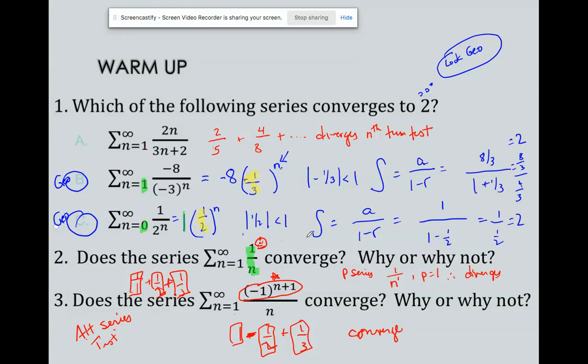So the p-series is only talking about positive terms, so you can't use the p-series test on an alternating series. On an alternating series, you need to use the alternating series test, which says as long as the terms go to 0 and your signs alternate, you will converge. Okay? All right, so there's a review of numeric series.